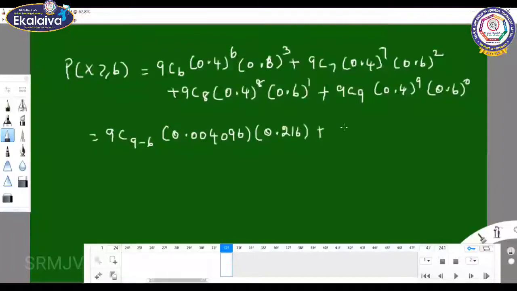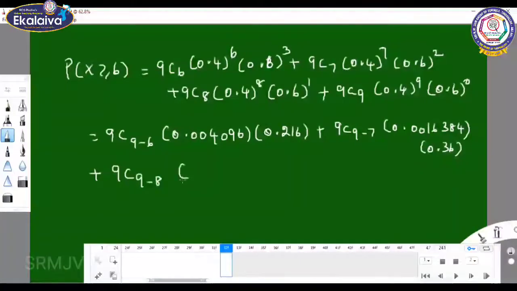The same way 9C7 is 9C9 minus 7, into 0.0016384 into 0.36, plus 9C8. The number is greater, so you can write in such a way, 9 minus 8.